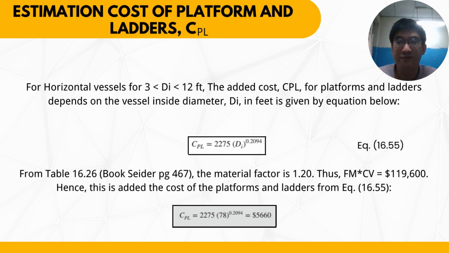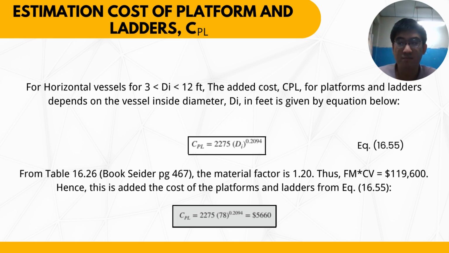Next, we'll continue with estimation of the cost of platform and ladders (CPL). For a horizontal vessel with Di from 3 to 12 feet, the added cost (CPL) for platform and ladders depends on the vessel inside diameter (Di) in feet, which is given by equation 16.55.